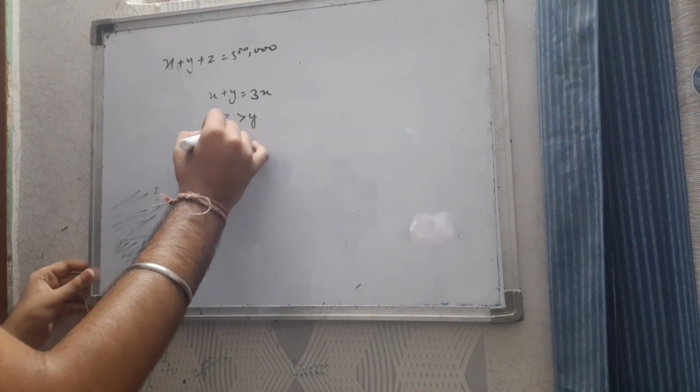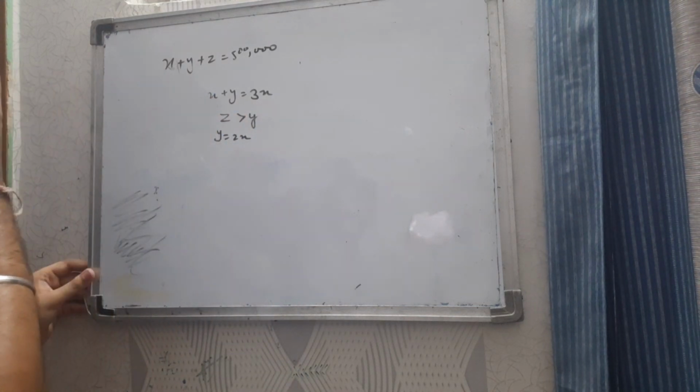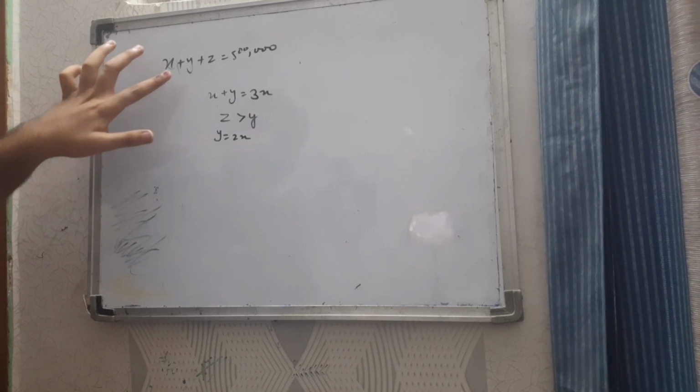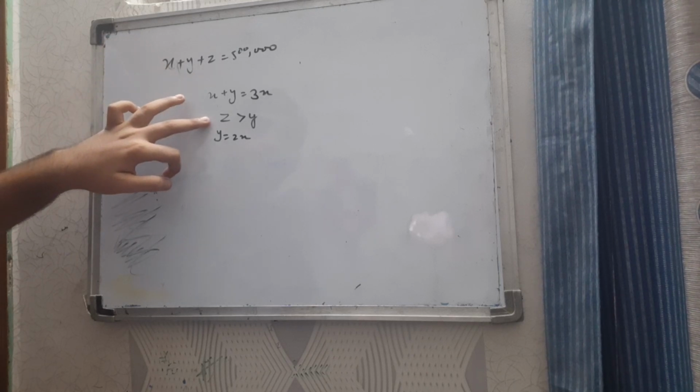So let's try to solve. Y would be equal to 2x, and if you make an equation, because we are given that the trader paid more to purchase product Z than product Y, if we convert this equation into two variables, Y and Z, we could solve up to a level.